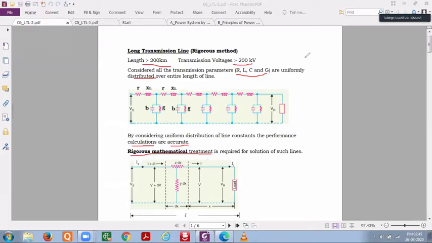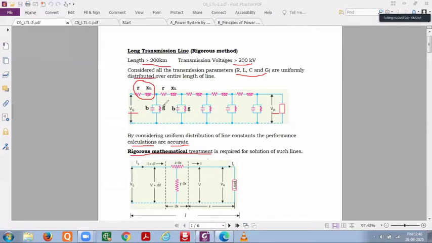You can see the diagram here. Sending end voltage, receiving end voltage: these are the two ends, and these are the elements. It's a quick revision. The small r and small xL are the resistance and inductive reactance of the transmission line, connected in series.